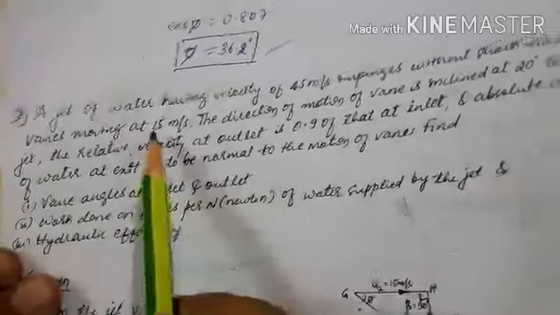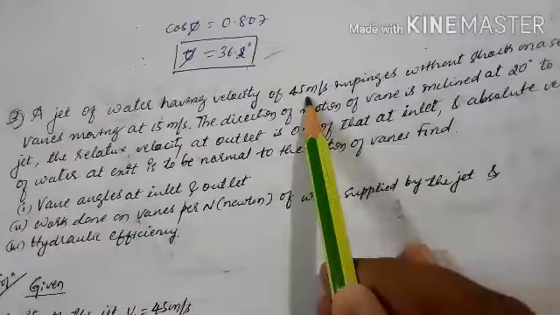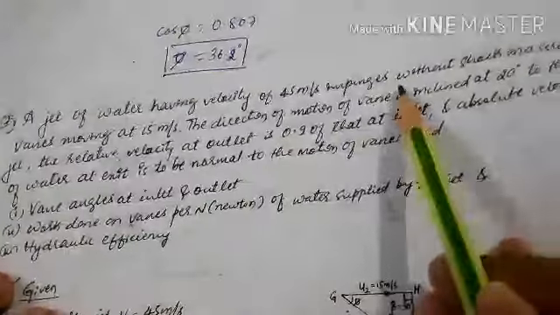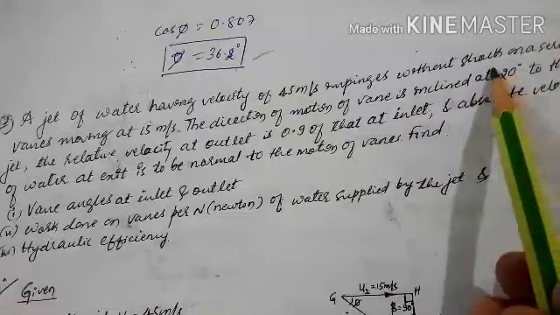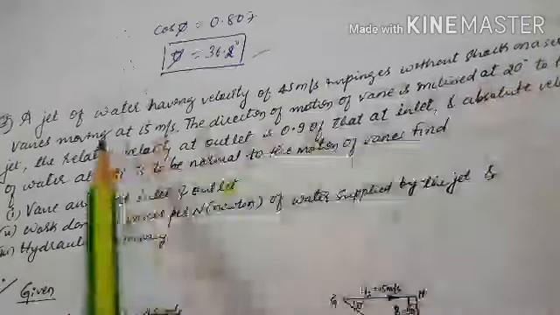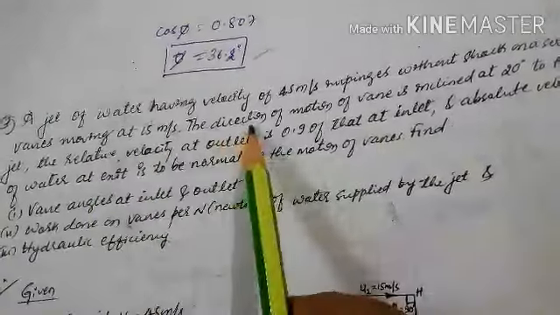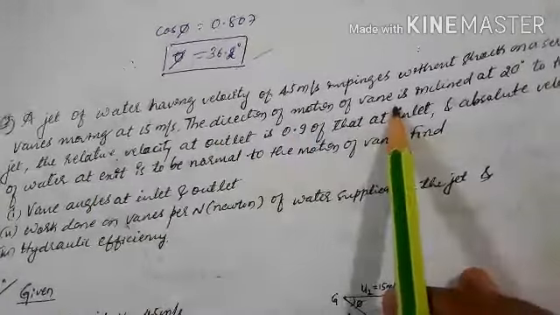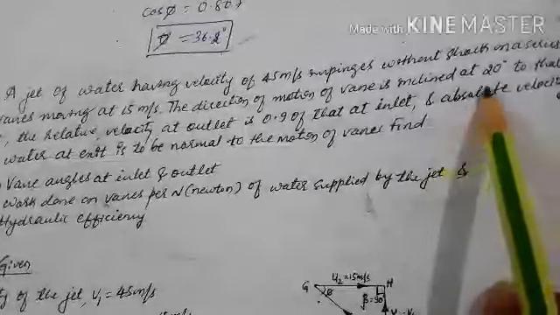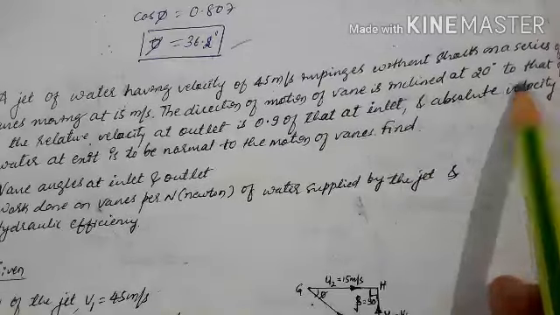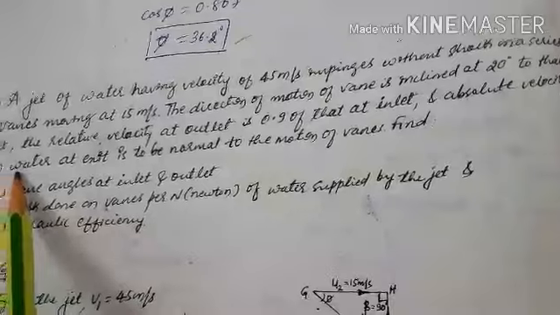A jet of water having a velocity of 45 meter per second impinges without shock on a series of vanes moving at 15 meter per second. The direction of motion of the vane is inclined at an angle of 20 degree to that of the jet.